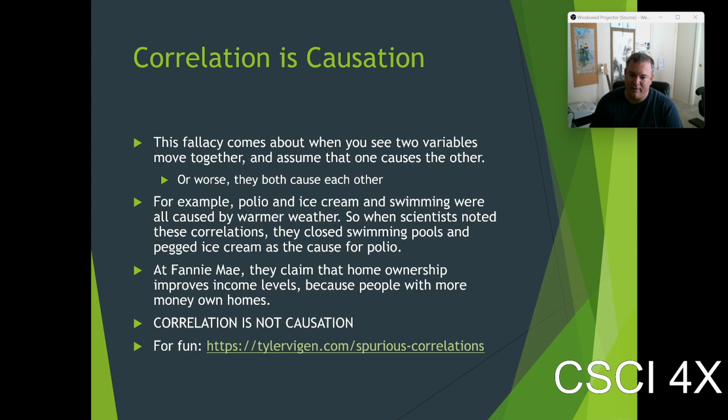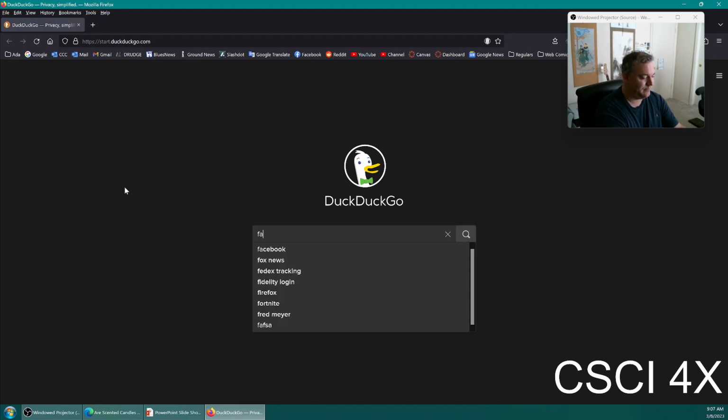Okay, so a more modern and maybe even more depressing example of this would be at a company called Fannie Mae. How many people here know what Fannie Mae is?